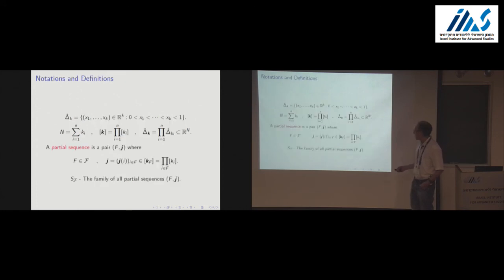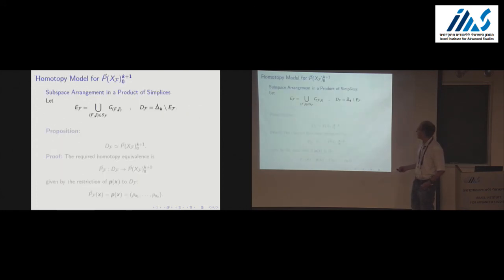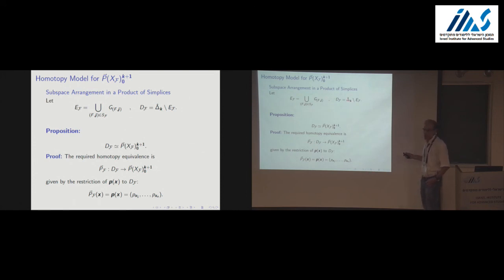So let me describe it here. It's this df, which has a finite description. df itself is the complement in this space. This space is some Sn, some sphere, which is a compactification of a product of open simplices.